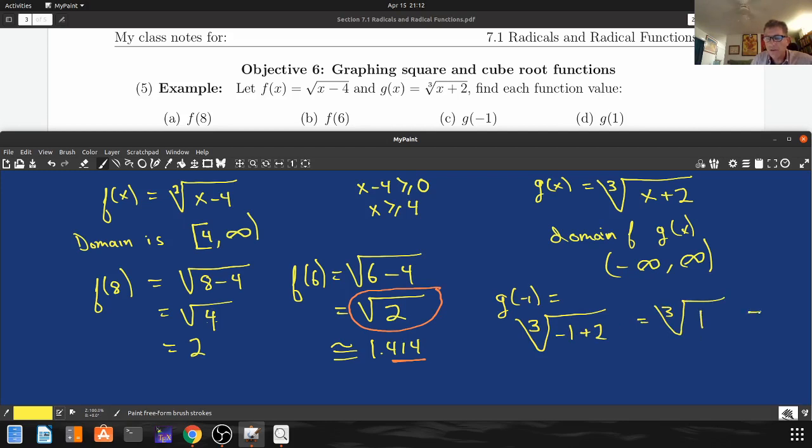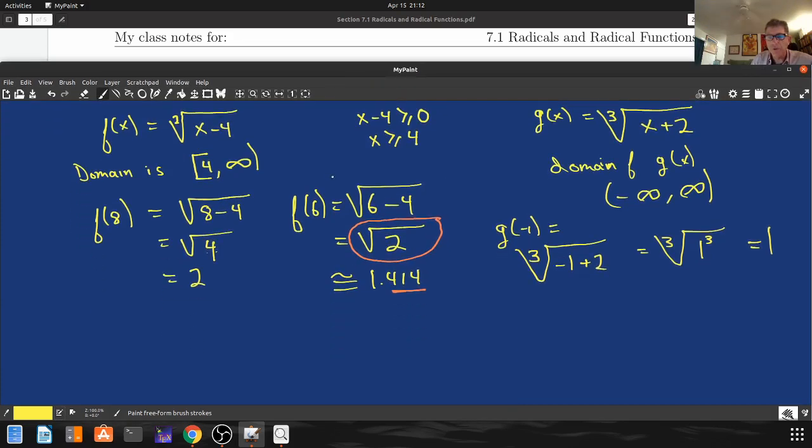And we already learned that that's equal to 1, because 1 times 1 times 1 is equal to 1. And g of 1 is equal to the cube root of 1 plus 2, and that's the exact answer. It's the cube root of 3.